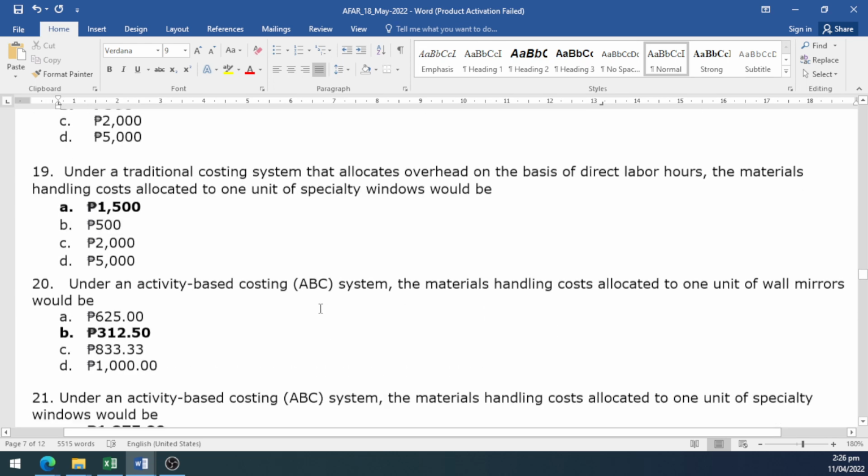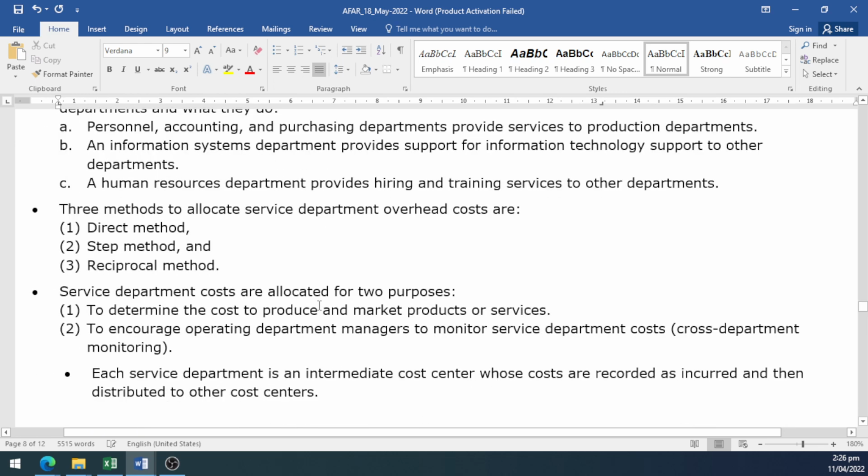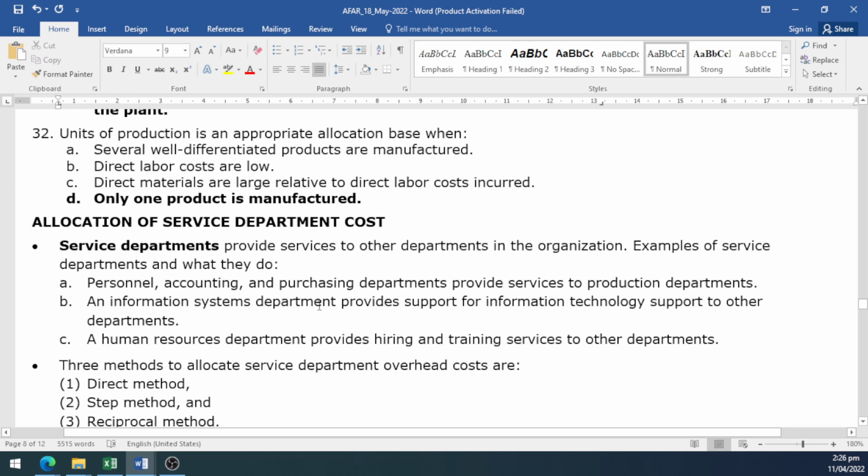Afar 18 part 2 is tungkol sa allocation of service department cost or allocation of support department cost. Okay? Sige, thank you sa inyong pakikinig. Our next topic will be allocation of service department cost after the break time.